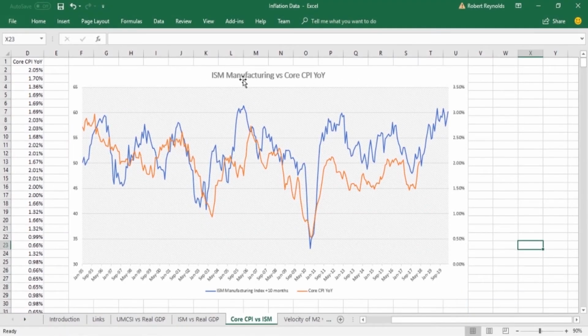So here we have the ISM manufacturing versus core CPI, and the ISM manufacturing has moved forward 10 months. So this is a very, very clear, concise gauge of what's going to happen tomorrow in terms of inflation, and we should continue to invest in inflation-sensitive assets.